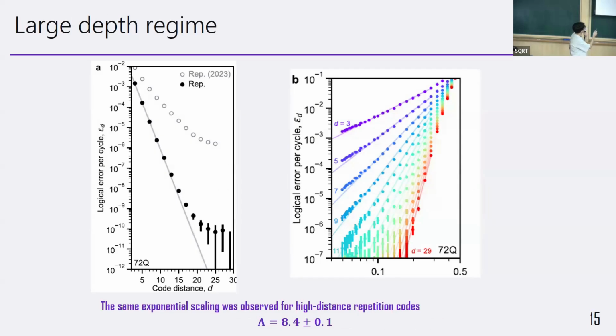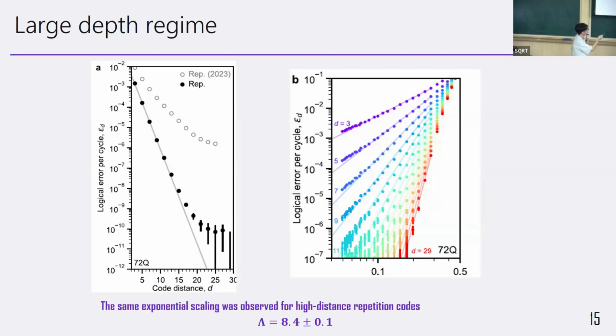You can see the results from 2023 are here, which sucks really bad. But the new results from the fabrication techniques they used are right here. It's much better. For the same exponential scaling, for high distance repetition codes, they found a lambda of 8.4. In this case, it was actually higher, which is great.